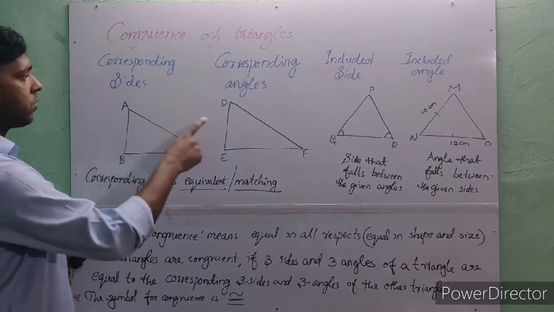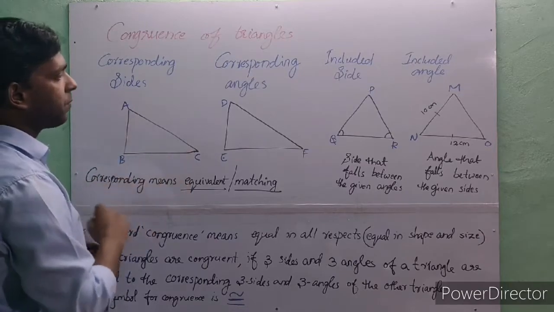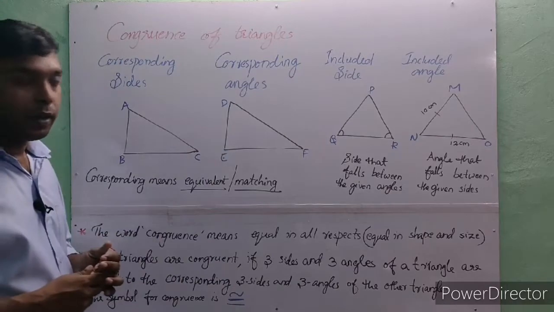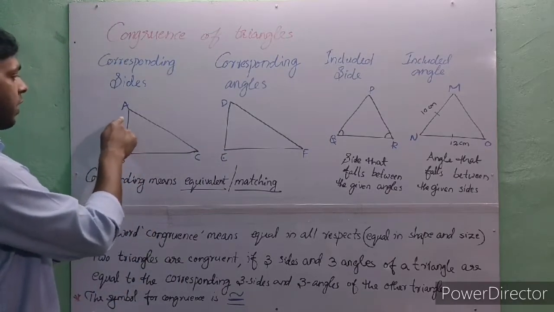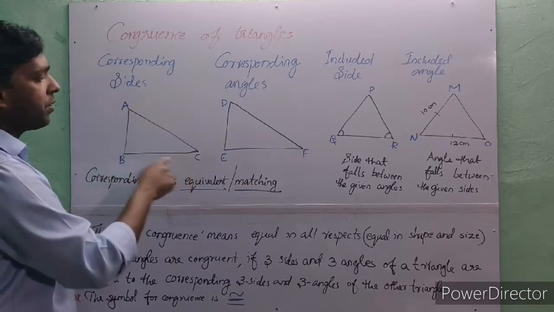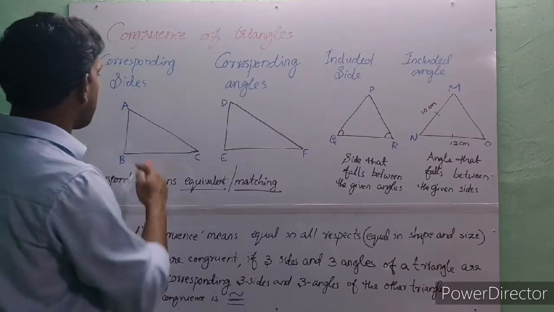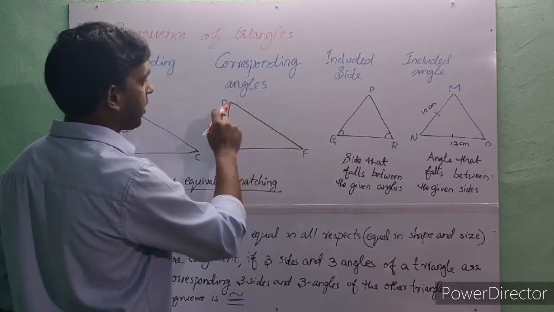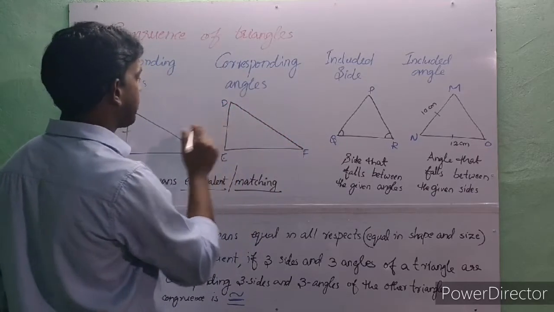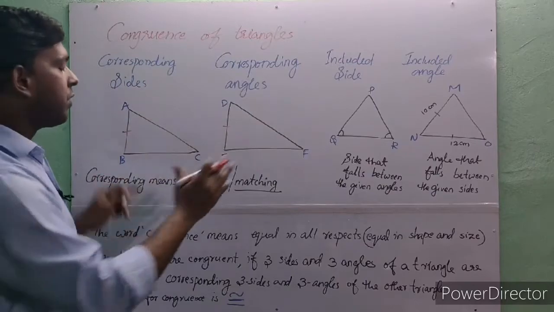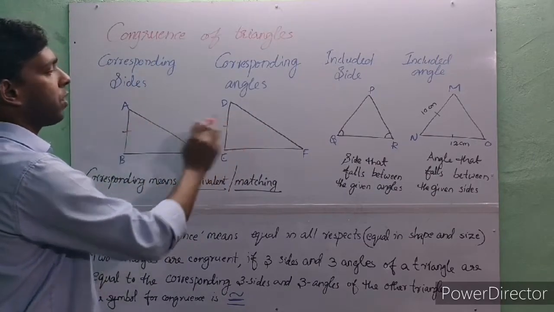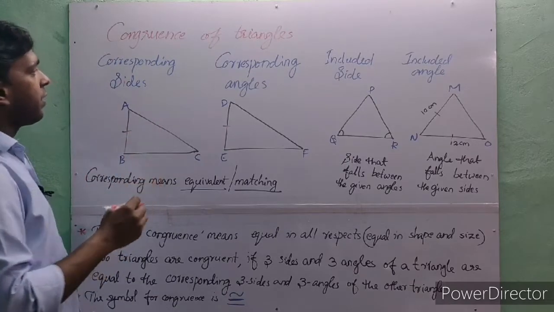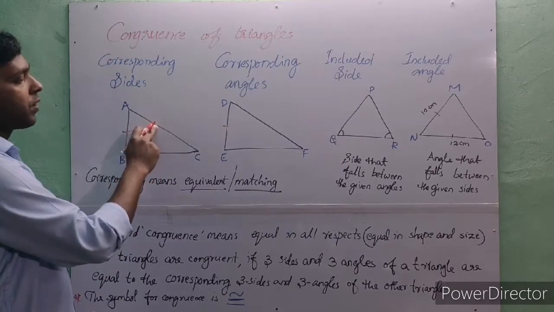Look at these two triangles, triangle ABC and triangle DEF. What are the matching sides here? The side AB of triangle ABC is matching with the side DE of triangle DEF. So these two are matching. When we compare these two triangles, these two are matching or corresponding sides. Next, what is the corresponding side of AC?